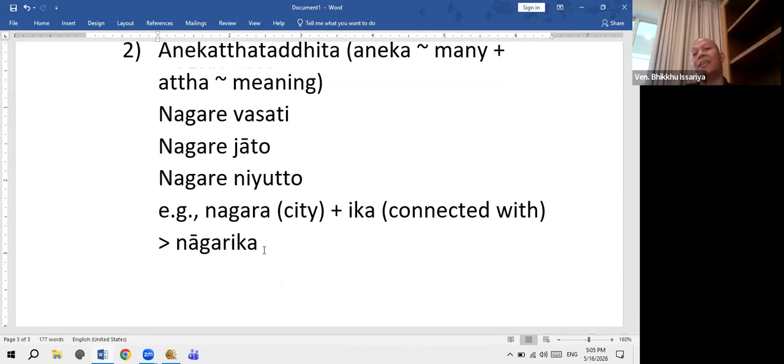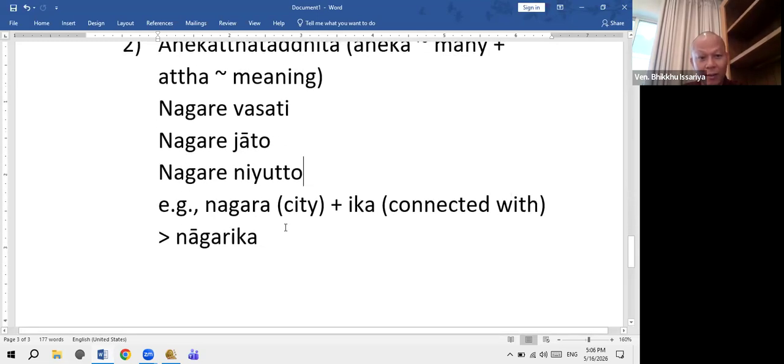Yes, that is right. If it means who lives in the city, then Nagari, Wasadidi, Nagariko, like that. Nagariko. Right.